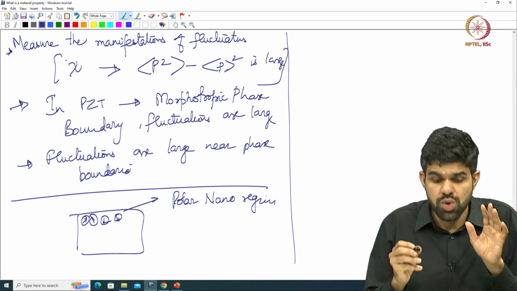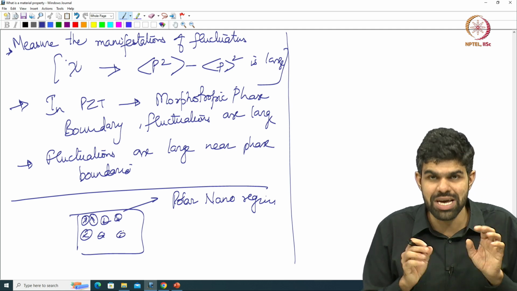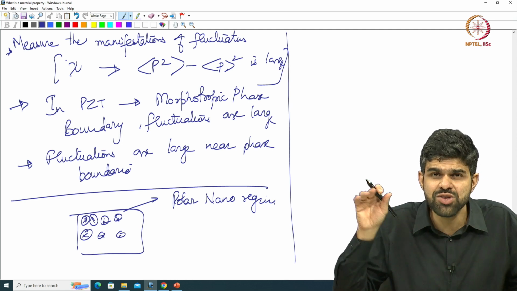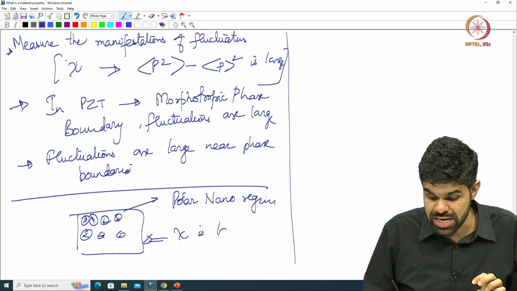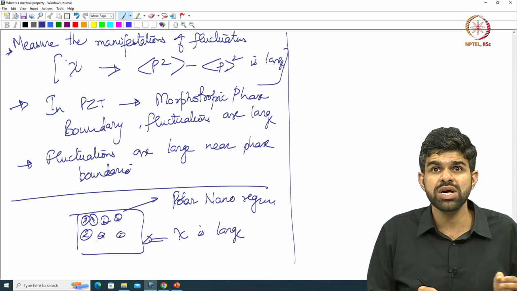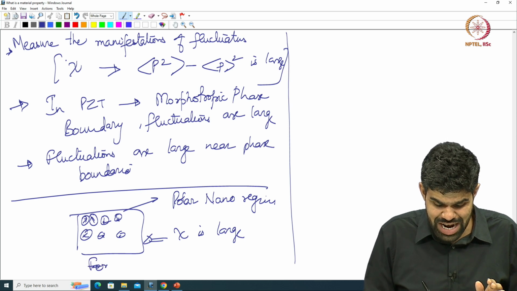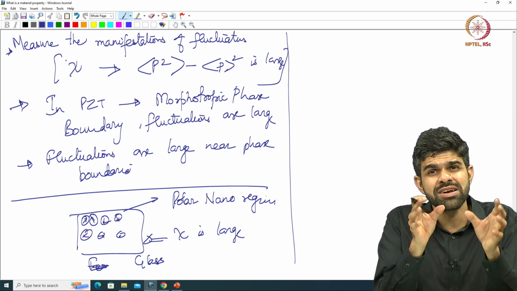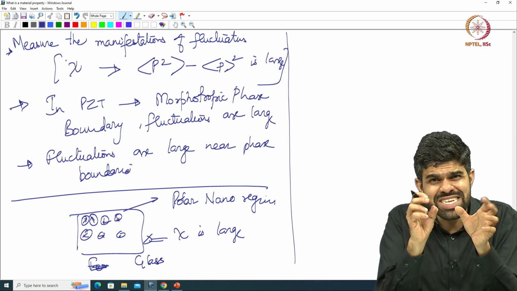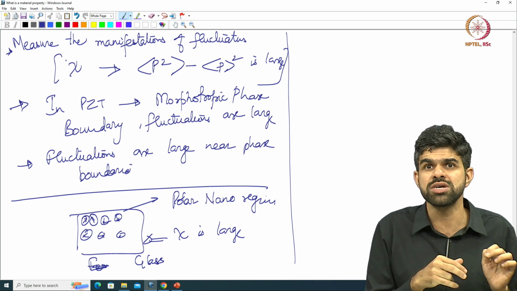So, if I have so many configurations of polarizations, in my material I have a bunch of polar nano regions, and even then my susceptibility is large, right. So here I can consider this material as some sort of a ferroelectric glassy material, because I have so much disorder in polarizations, they all exist in these nanoscopic regions, but they are fluctuating, there is so much disorder, right.